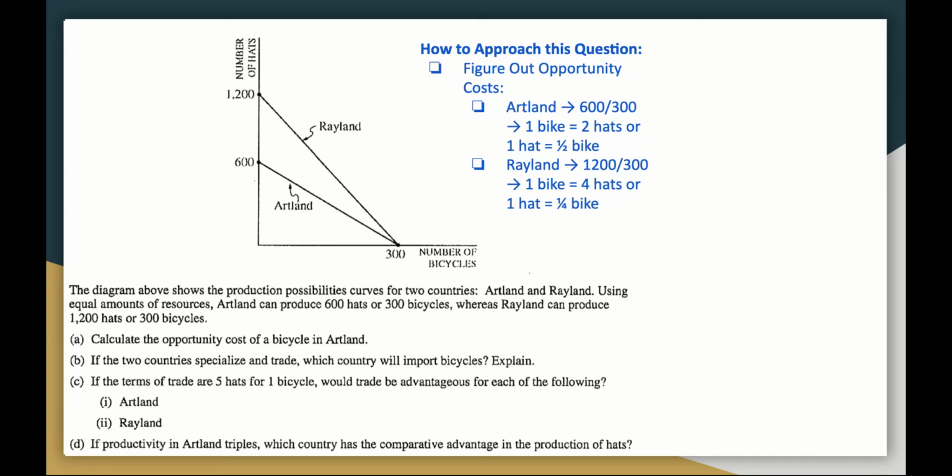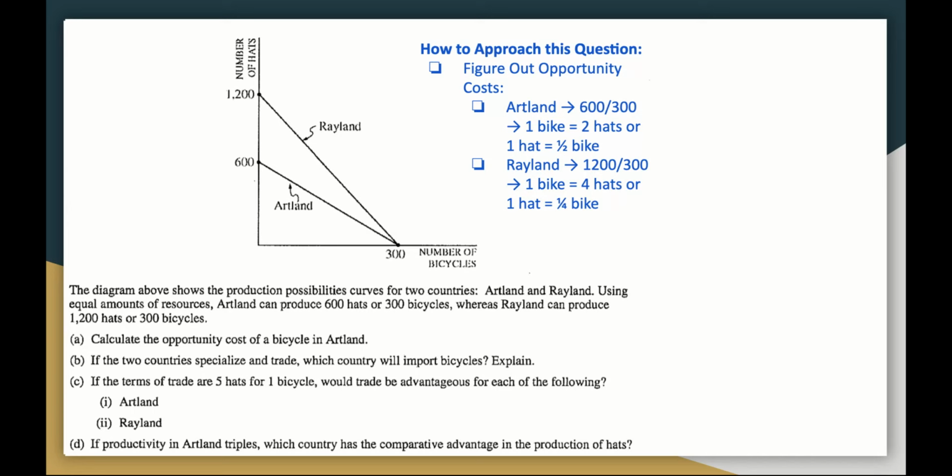The diagram above shows the production possibilities curve for 2 countries. The countries are Artland and Rayland. Using equal amounts of resources, Artland can produce 600 hats or 300 bicycles, whereas Rayland can produce 1,200 hats or 300 bicycles.